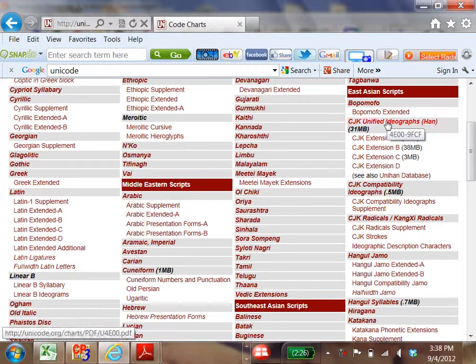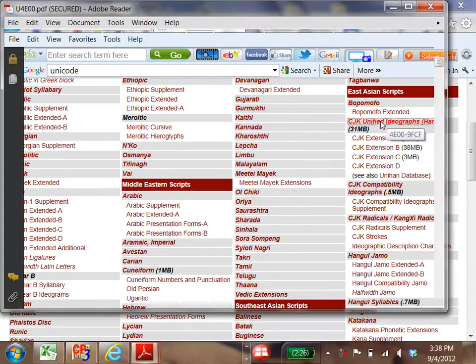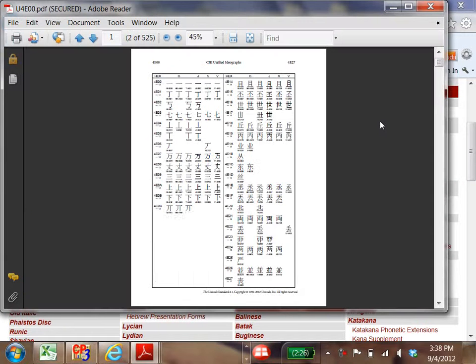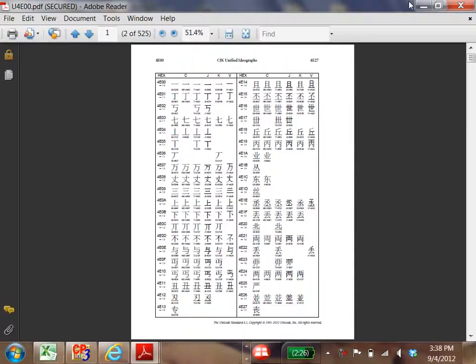Whoa. Han was the Han Dynasty, okay, in China. And so they came up with, whoa, look at that. So this thing is 525 pages long.